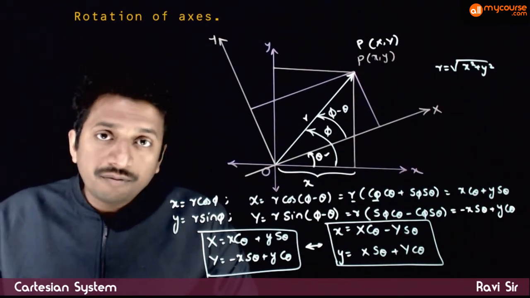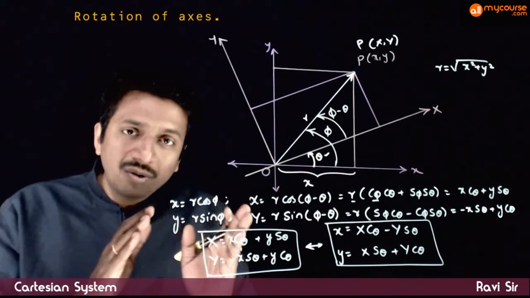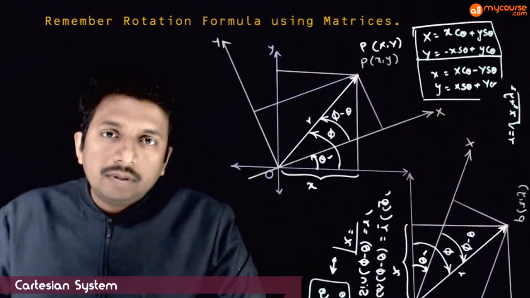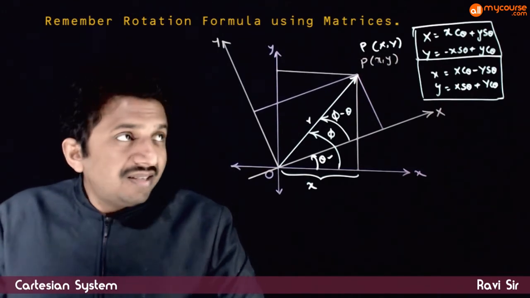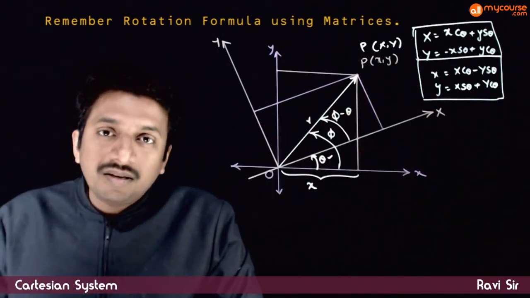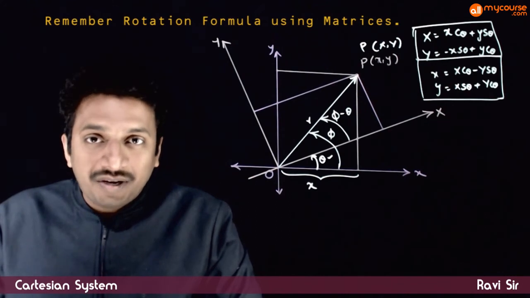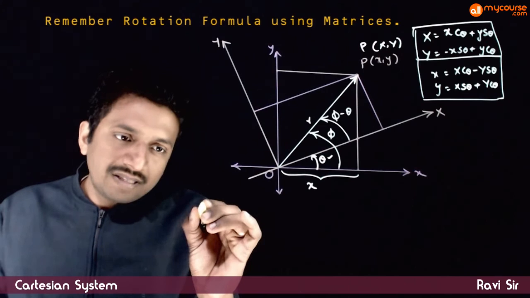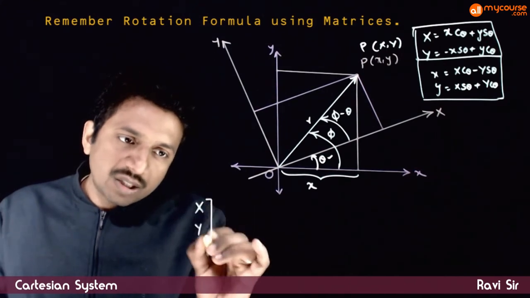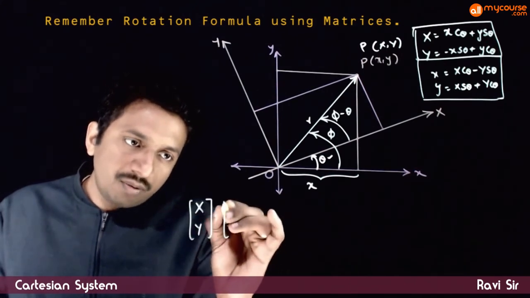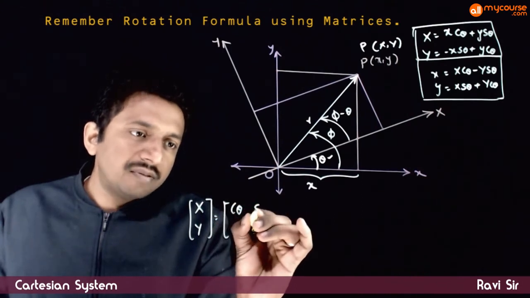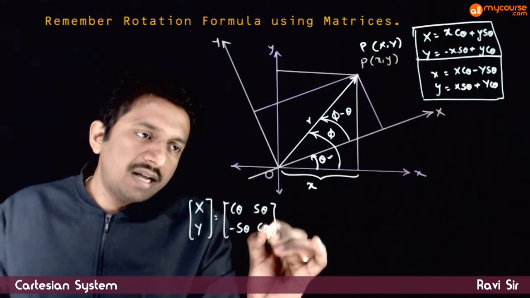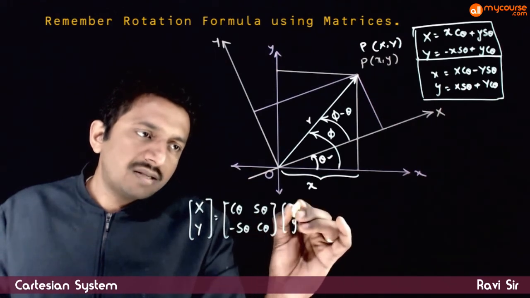Now, before going forward, let us try to see how to remember these results carefully. We can very easily remember these formulas using matrix interpretation of these equations. As you can see, the first equation is capital X capital Y is equal to the matrix cos theta, sin theta, minus sin theta, cos theta times small x small y.